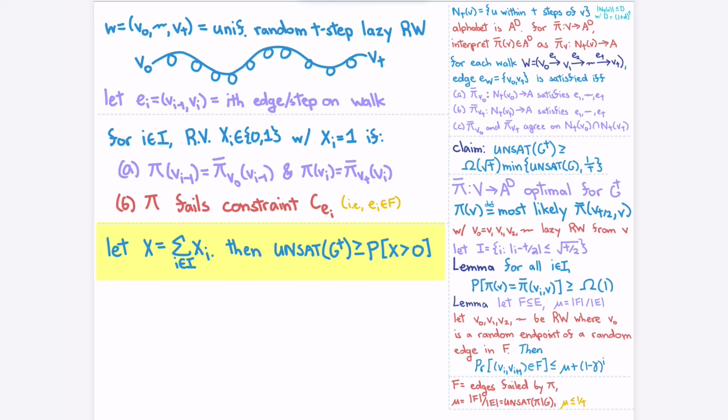You're not going to satisfy that walk. So every time x is non-zero, you have some walk where that corresponding constraint in G to the t is failed. So the probability that x is greater than 0 is at most unsat G to the t, because every time x is greater than 0, that's some walk that failed.